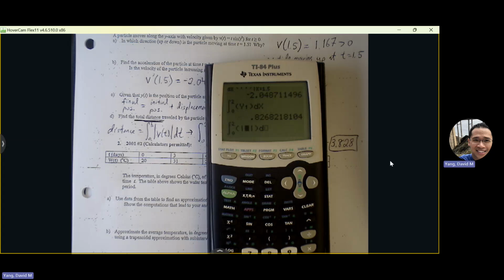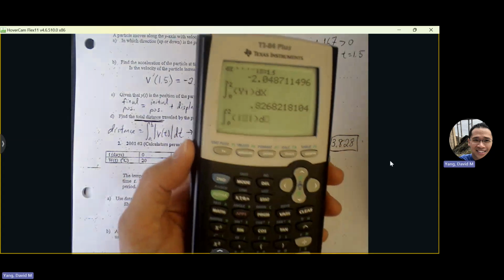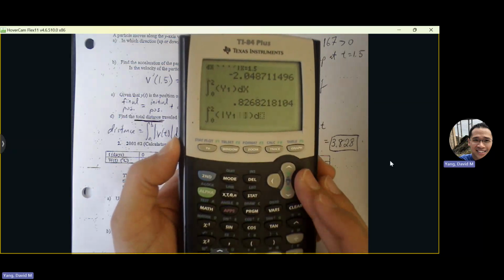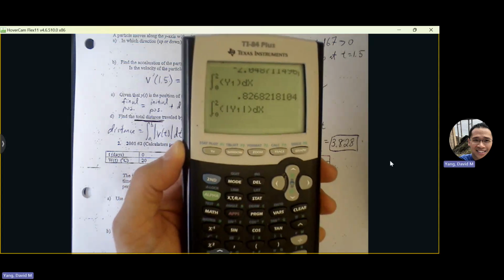And then you can type in your velocity function inside, or if you want to call the velocity function that you store under y1, you'll do alpha trace y1 and dx. It may take a second.